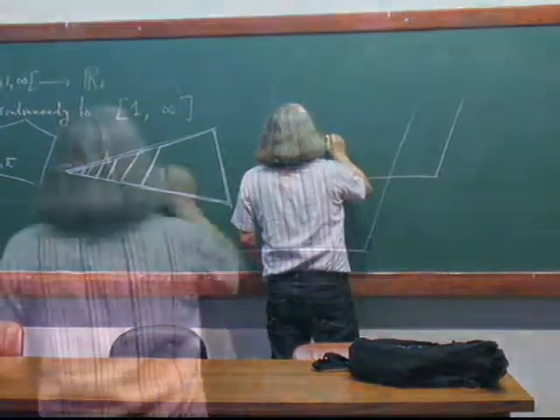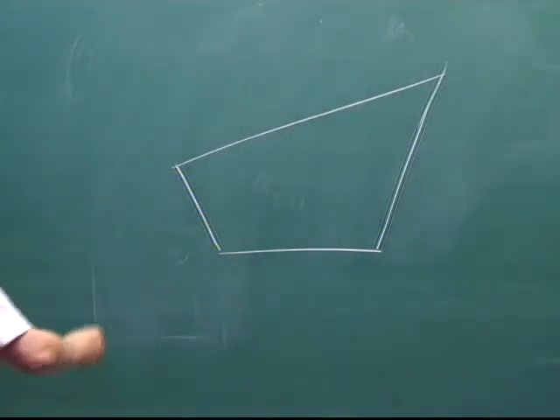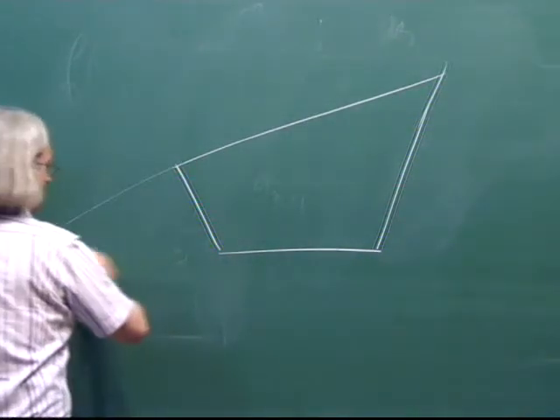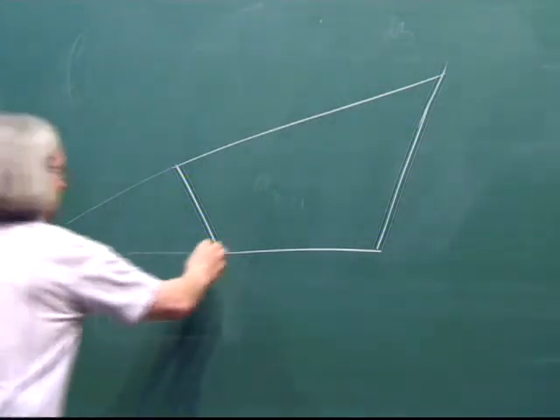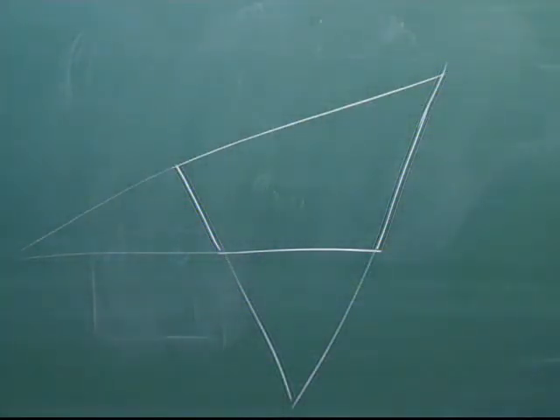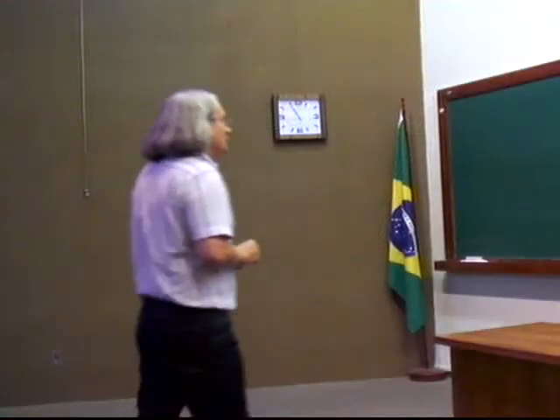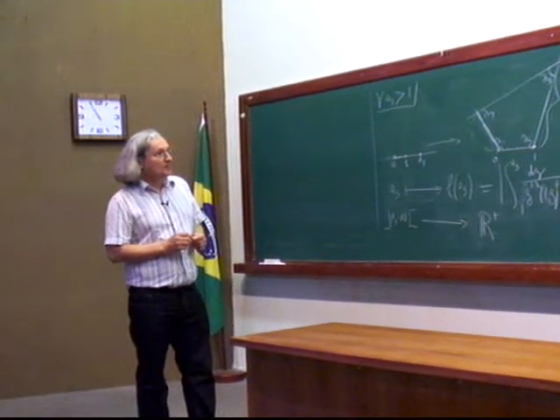So if you have a quadrilateral like that, it can degenerate this way, or it can degenerate this way. Okay? When you move A3, no, why?